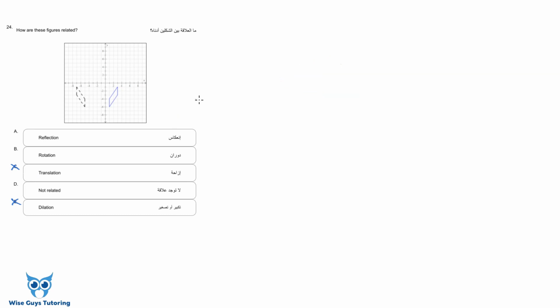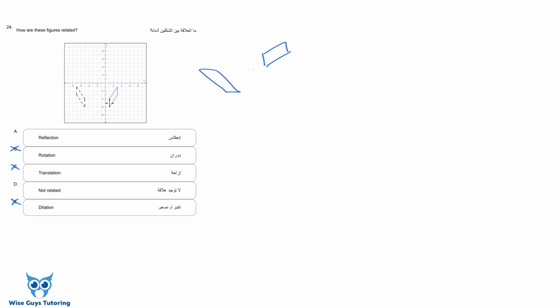Next is rotation, and rotation is when you're turning your shape, right? It will not change size, but it will be turned. And if I take this and I turn it by 90 degrees, it would look like this. And if I turned it another 90 degrees to 180, it would actually look like this. And that is not what we have. So that's how I know that rotation will also be out. Okay, how did I figure this out?